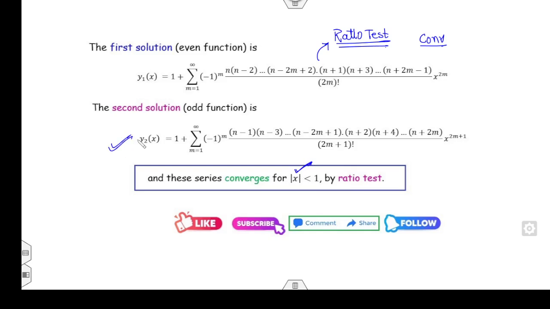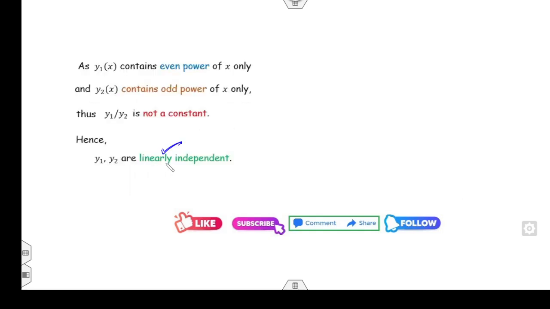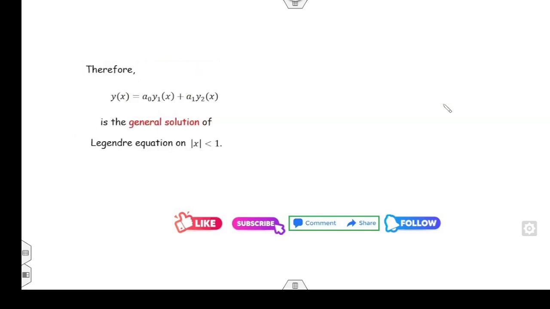Similarly, you can prove that y2 is convergent for mod of x less than 1, and you can do that on your own as an exercise. You can pause the video and do it yourself. Now since y1 and y2 are LI, therefore your solution a0 y1 plus a1 y2 is the general solution of the Legendre equation over the domain mod x less than 1.